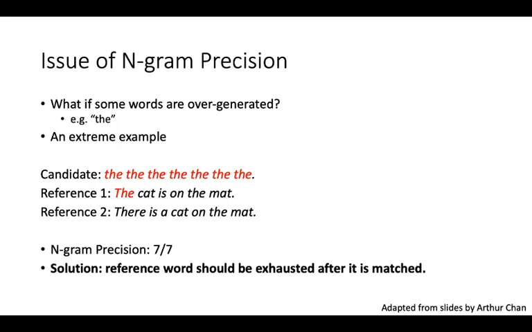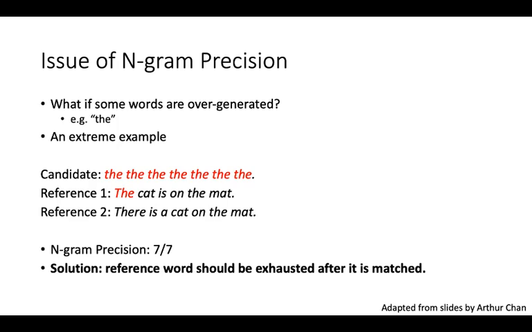But there's a problem. For example, if you just output duplicate words, and the word is very simple. For example, the candidate is 7 copies of "the", and you know that there is a word "the" in the reference sentence. So if you count how many words exist in the reference, the count is 7, and you divide it by the number of words in the candidate sentence, which is also 7.